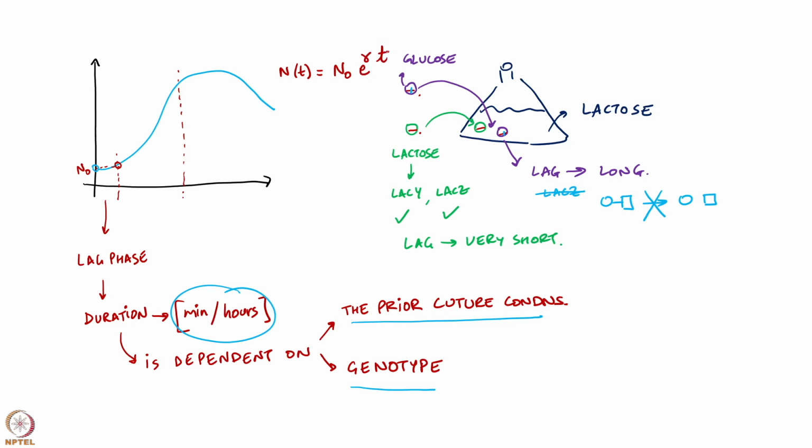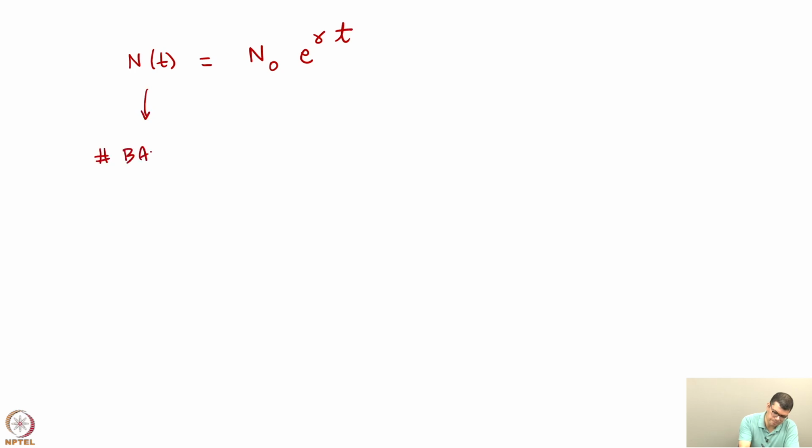What that means, let's write this a little more clearly. In the exponential phase, Nt is equal to N naught e to the power Rt, where Nt is the number of bacteria at time t.